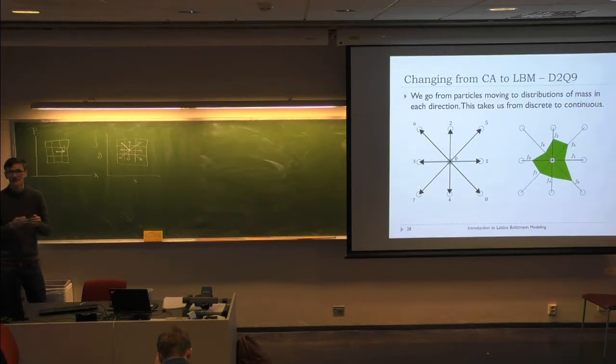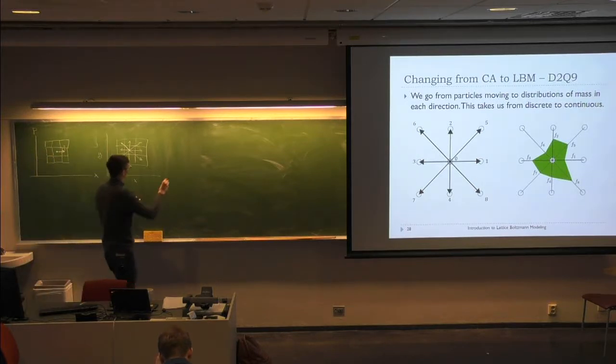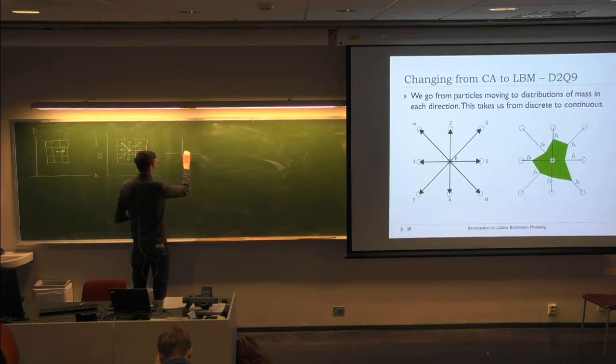And F can be anything between 0 and 1. And that's a key difference. So we basically get something like this, but we say that we have a distribution in each direction.